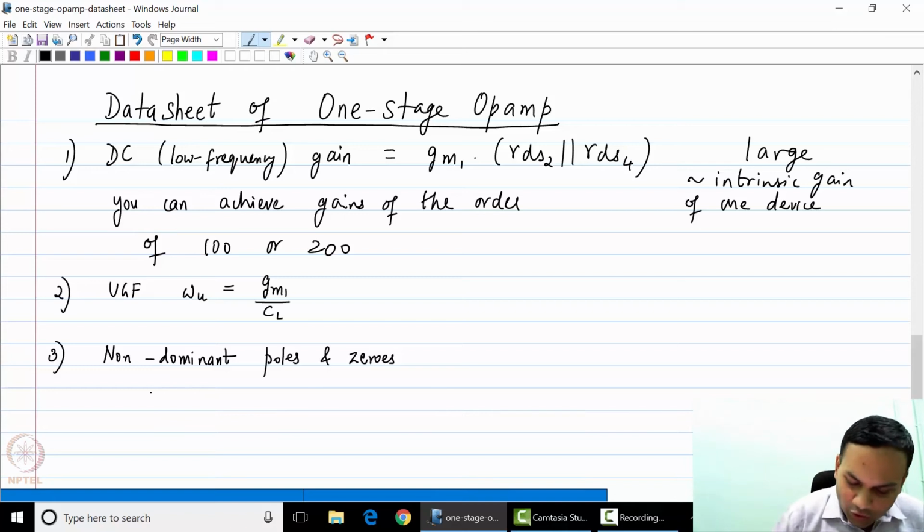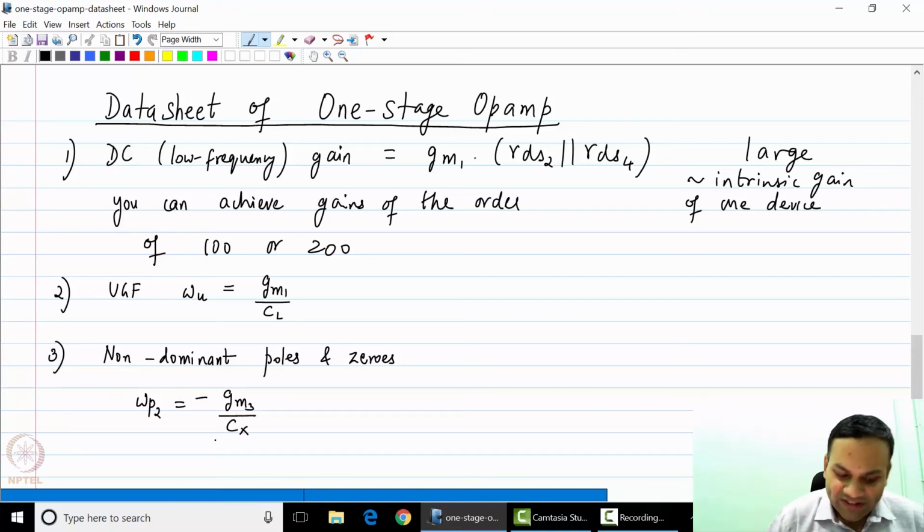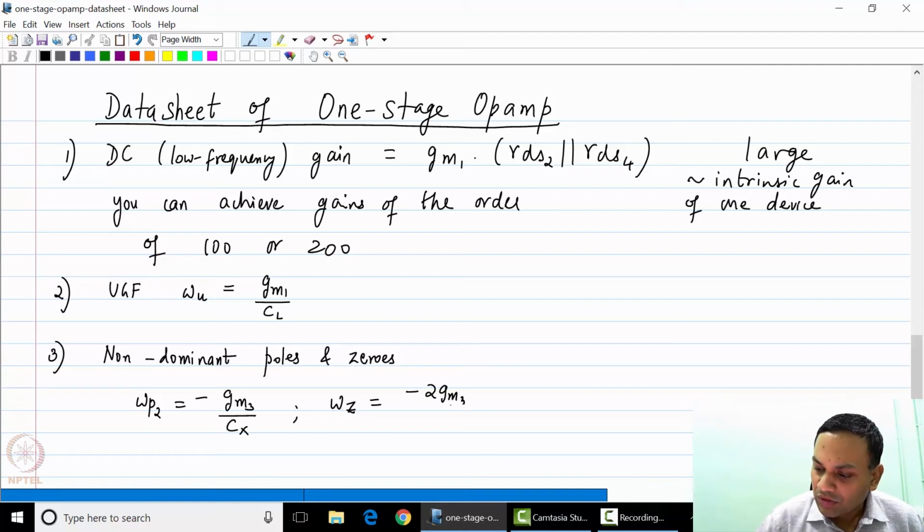So you have omega P2, which is minus GM3 over Cx, and you have a zero which is minus 2 GM3 over Cx. You happen to have one non-dominant pole and one non-dominant zero.